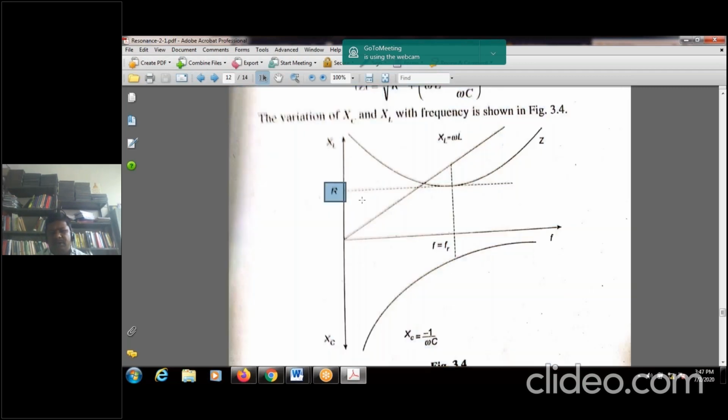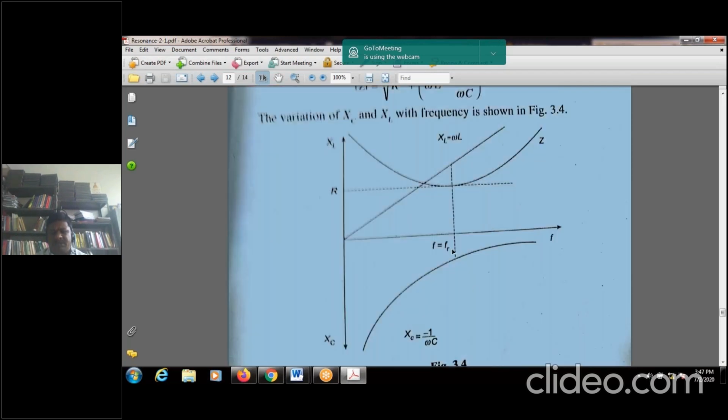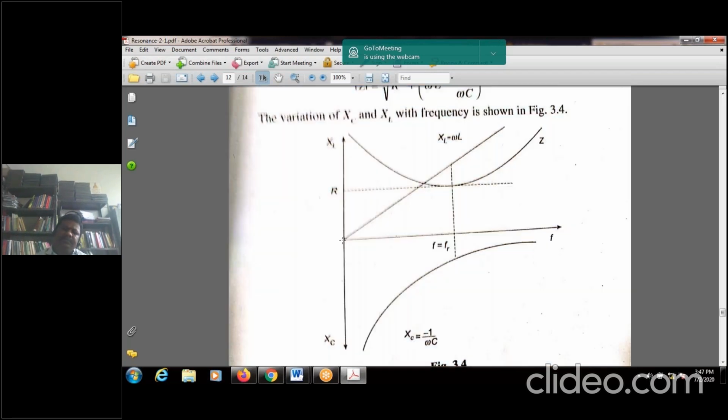Once again, this is the complete resonance curve. What it describes is that the reactance of the inductor increases with respect to frequency, and the reactance of the capacitor slowly decreases with respect to frequency.